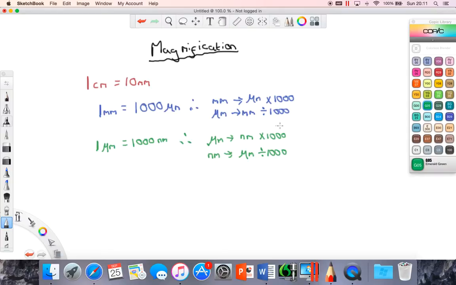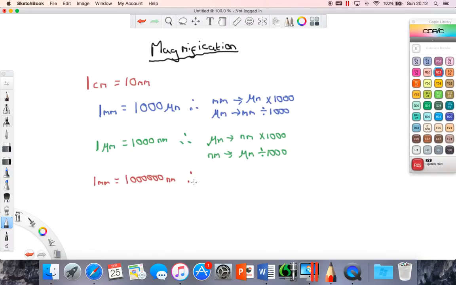But how do we convert nanometres and millimetres? Well, 1 millimetre has 1,000,000 nanometres in it. So 1, 2, 3, 4, 5, 6 zeros. 1 millimetre has 1,000 micrometres in it, and 1 micrometre has 1,000 nanometres in it. Therefore, 1 millimetre has 1,000,000 nanometres in it.